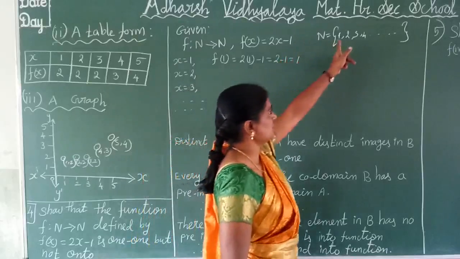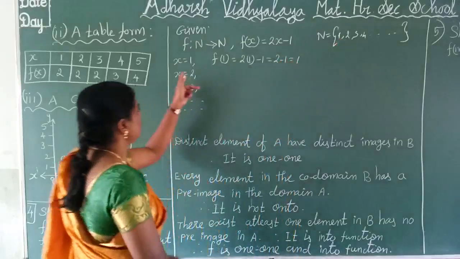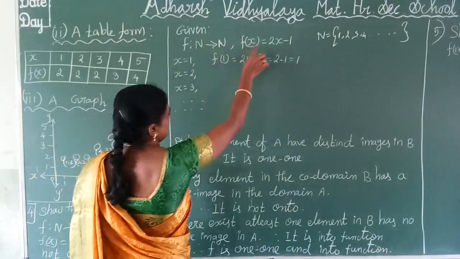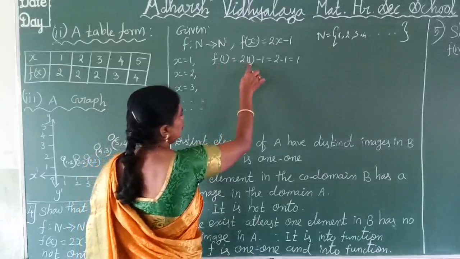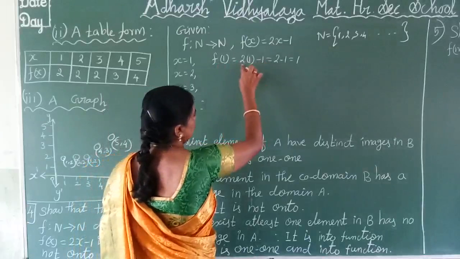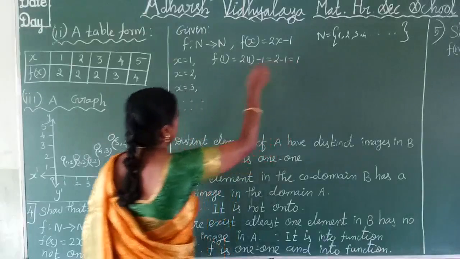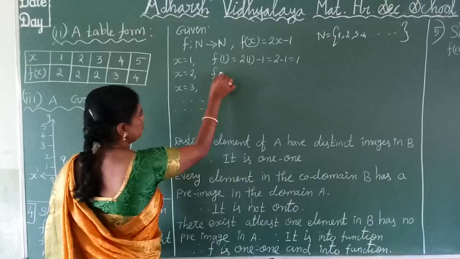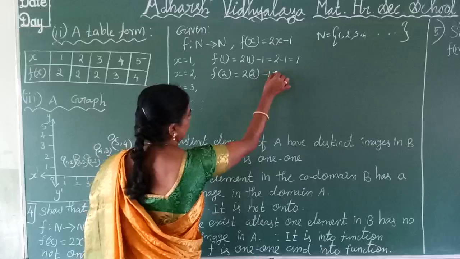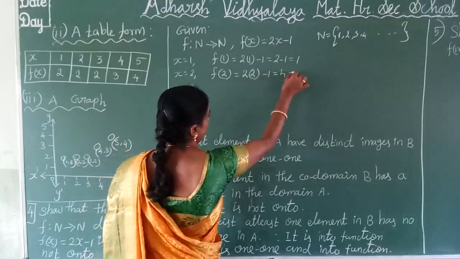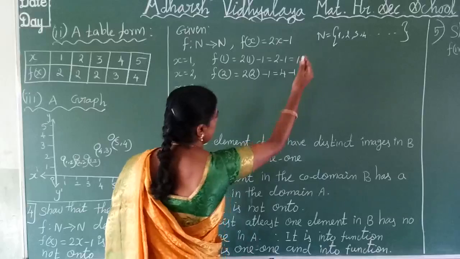Natural numbers start from 1, so we take x equal to 1. The function f of x equal to 2x minus 1. In the x place we substitute 1. F of 1 is equal to 2 into 1 minus 1, which is 2 minus 1, 1. Next apply 2. F of 2 is equal to 2 into 2 minus 1, which is 4 minus 1, 3.